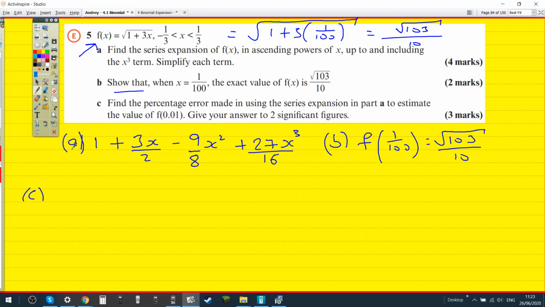So am I subbing in 0.01 into the 1 plus 3x over 2 thing? Yes, that's it. And you can use 0.01 if that's easier to sub in. For the working out, I'll just do it as the fraction. They gave it as a fraction.